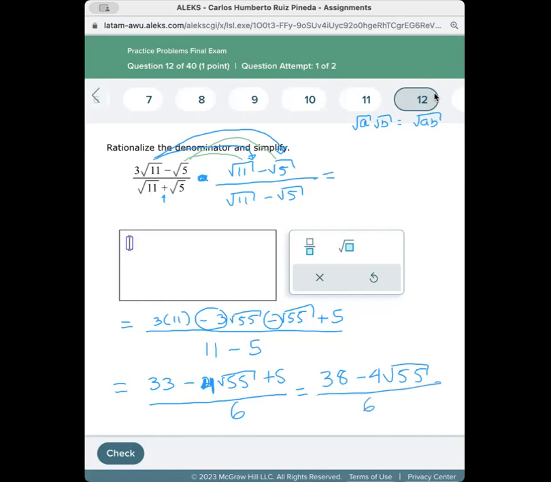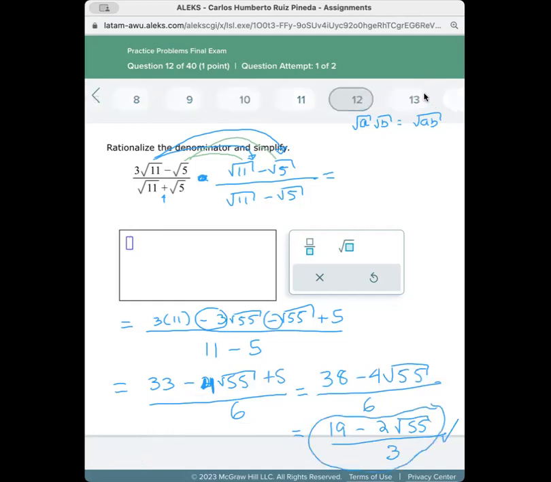Now, apparently we are done, but if you notice, all of them are divisible by 2. So 38 divided by 2 is 19, minus 4 divided by 2 is 2 square root of 55, divided by 6 divided by 2, 3. And now we're done. This is my final answer. It's a little long, but we're done.